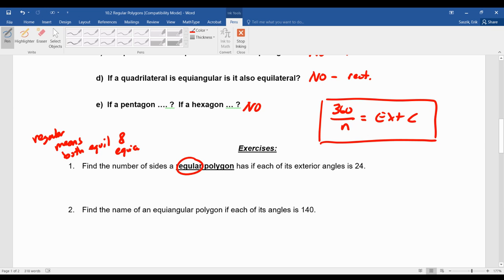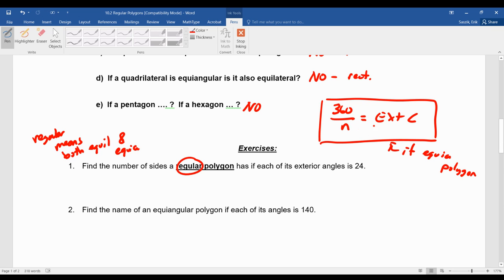Okay. So we can use this if it's an equiangular polygon. And clearly regular is equiangular. So all we have to do here, now we can manipulate this equation.